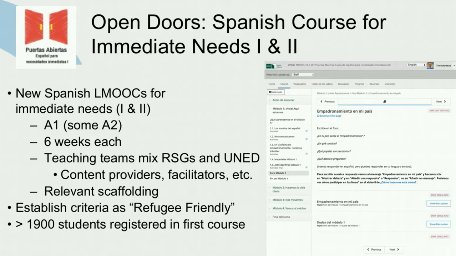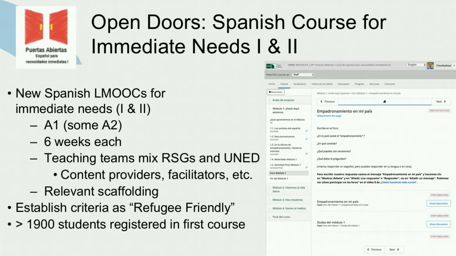That wasn't being the case since MOOCs were launched in the year 2012, and we concluded that there was a series of criteria, of elements that could render true inclusion onto an online course like a MOOC.